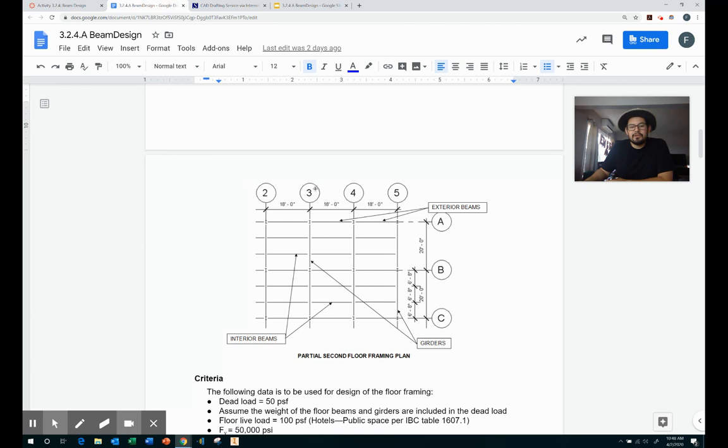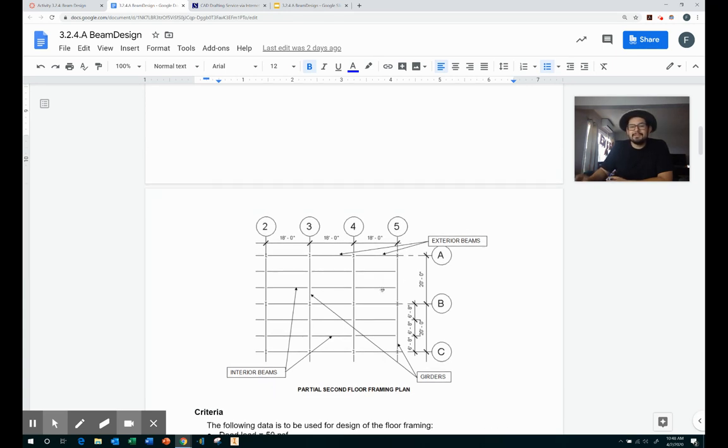We also have girders. Girders are like big beams that are now supporting the beams running across, right? So these girders, which are supporting these beams and connected to the columns, on the 3-column line are withstanding half the load of this side and half the load of this side, whereas the exterior girders only have one beam that's connected to it, right? Well, I guess 3 beams, but one side of it connected.